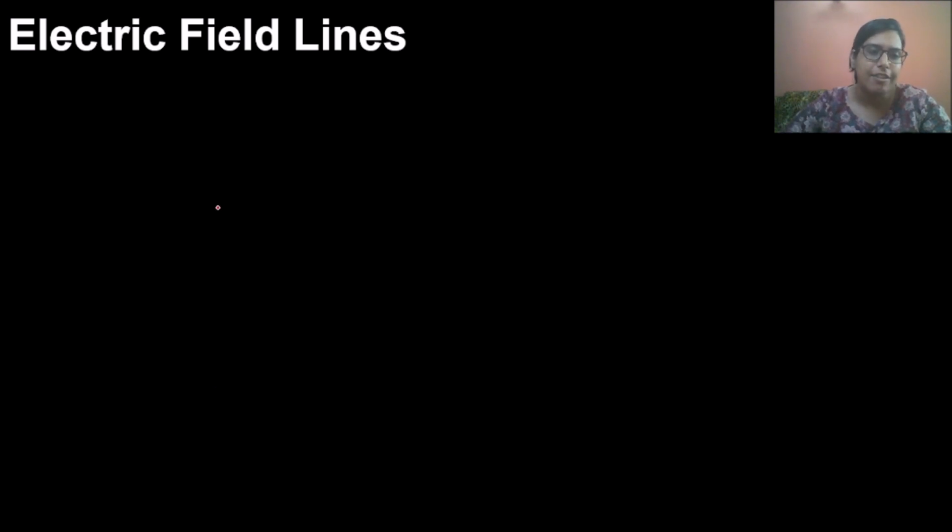So an electric field line is a curve which is drawn in such a way that the tangent at a point will show the direction of the electric field at that point.